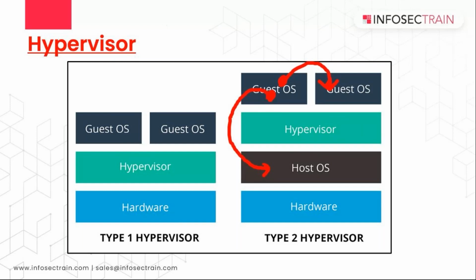Perfect. Another very common problem in this type 2 hypervisor is the operating system. You can perform multiple different ransomware attacks over this operating system. Let's say there could be a ransomware attack or any kind of virus attack, so this operating system collapses. So guys, tell me, if this operating system collapses, what would happen in that particular case? Will the hypervisor still work? The hypervisor would also start to fail.